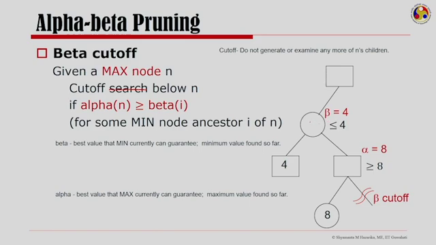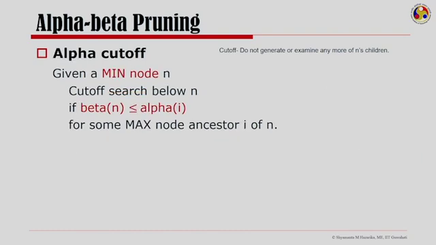So, it will only look for 4 or something less than 4. So, that means there is no point of looking for a better solution in this subtree, and that is what is a beta cutoff. Next, we will look at what we mean by an alpha cutoff.